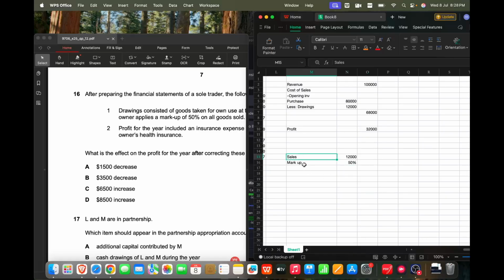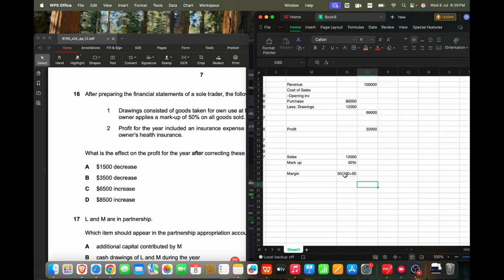But we have a sale, so we cannot use this 50% to calculate profit here. We need to convert this markup into margin. If you convert markup into margin, margin would look like 50%, meaning 50 divided by 100, so this is 50 divided by 100 plus 50.